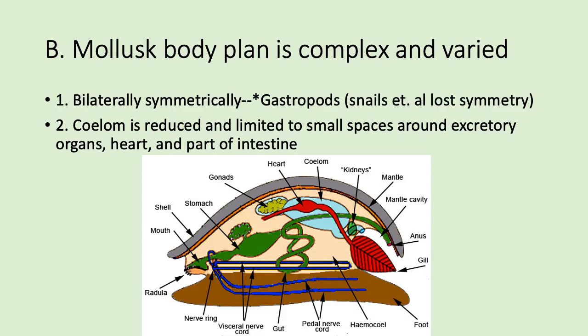The coelom is also reduced and limited to small spaces, usually around the excretory organs, heart, and part of the intestine. What I mean by that, the coelom here is in light blue, and you can see that it is small and limited, that opening body cavity, if you will.